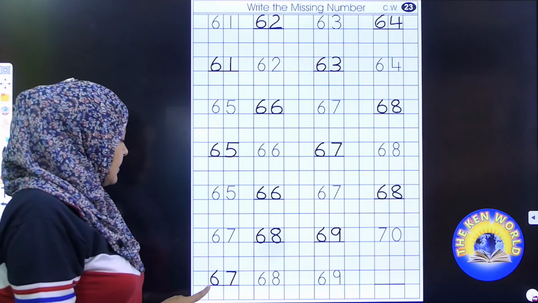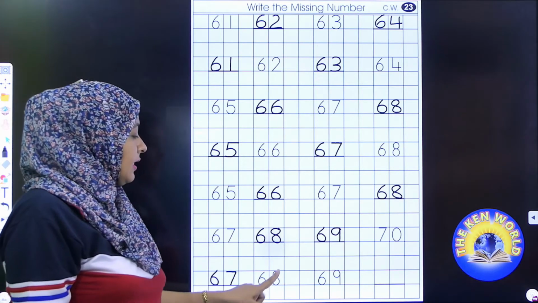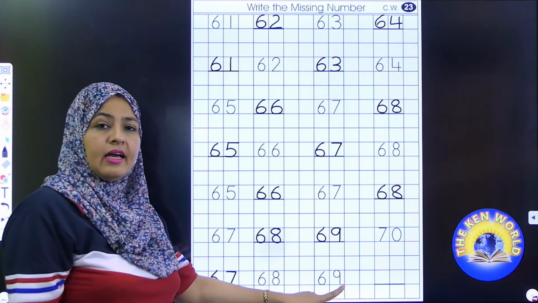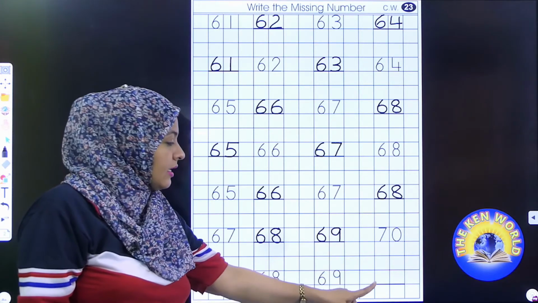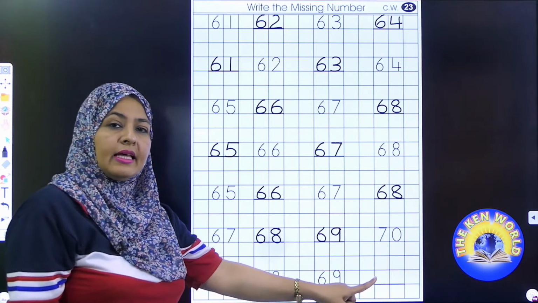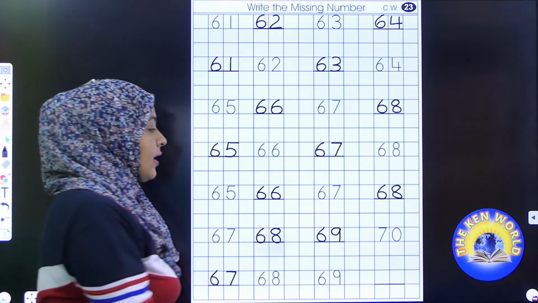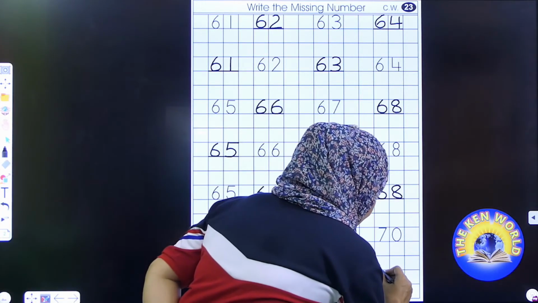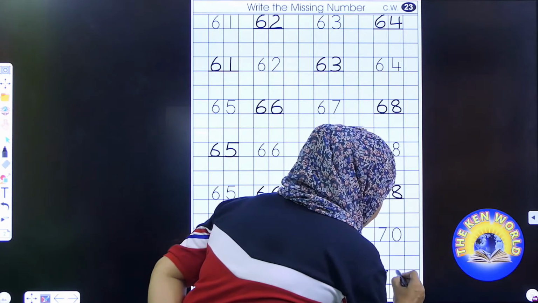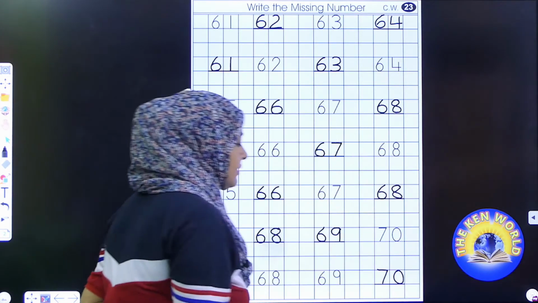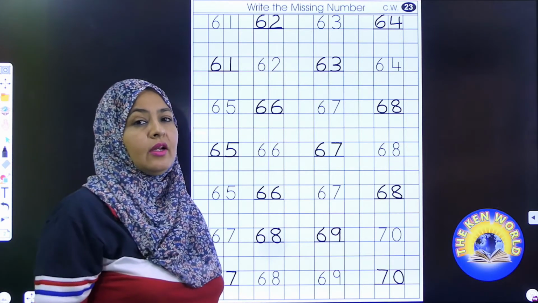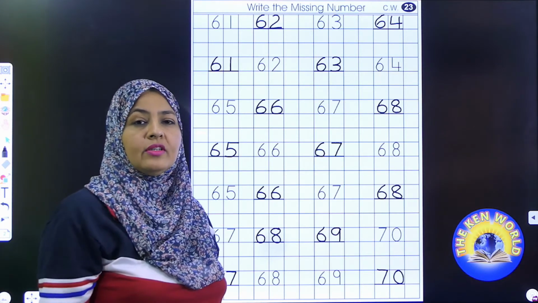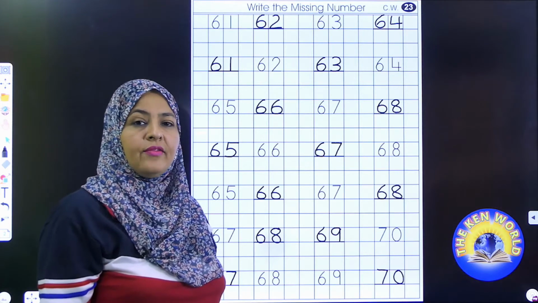Now look, 67, 68, 69, which is written here. So what comes after 69? Excellent, that is 70. Now I have completed my page. Now it's your turn to complete yours. Have you all done?